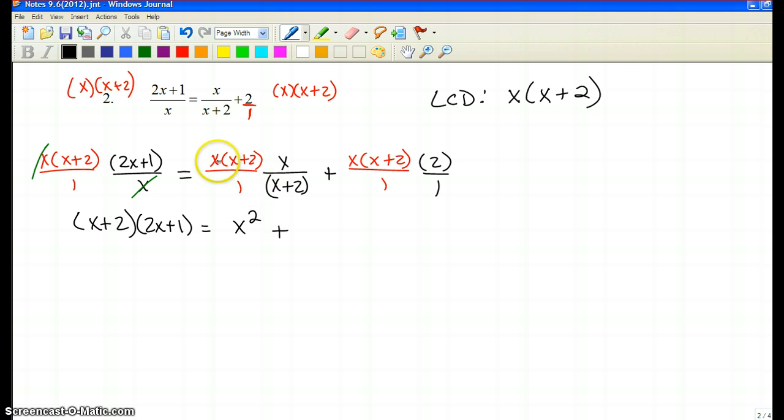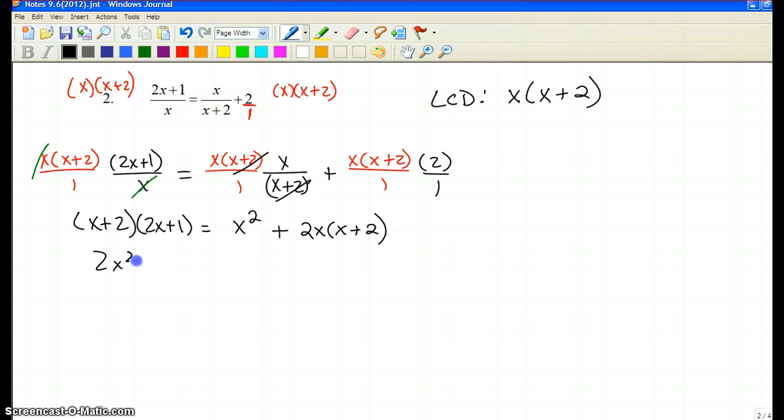That becomes x squared because x times x is x squared. These two guys are common factors, and they reduce. And then in the next one, there are no common factors, so they do not reduce. And then we distribute and we simplify and solve. Just keep cranking it up.